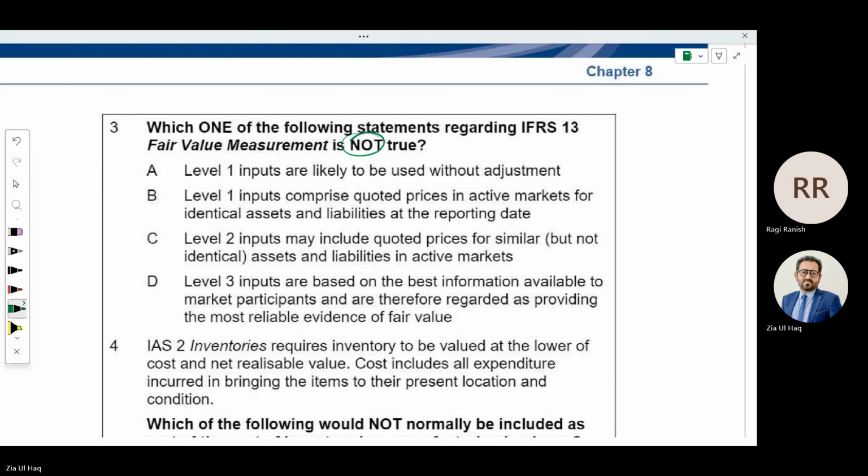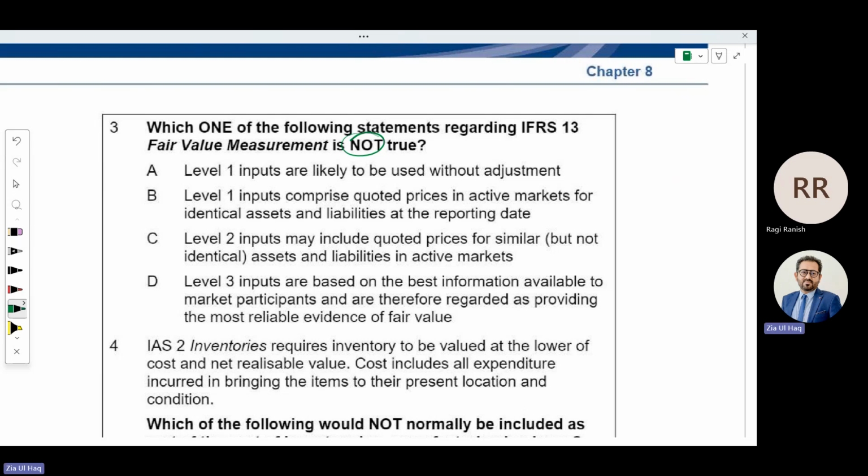Yes. Quoted prices, similar identical asset, more reliable evidence, no adjustment. Level 1 inputs comprise quoted prices in active market for identical assets and liabilities at the reporting date. Yes. Level 2 inputs may include quoted prices. Yes. For similar but not identical assets.